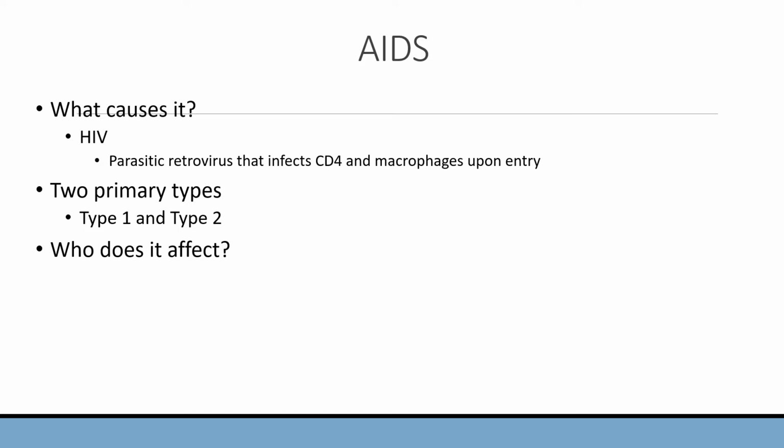Transmission can occur anywhere though, men having sex with women, women having sex with women. This virus doesn't really care, but there are some high-risk activities like sharing needles. Drug users can acquire HIV and develop AIDS as a result of drug use via needles.